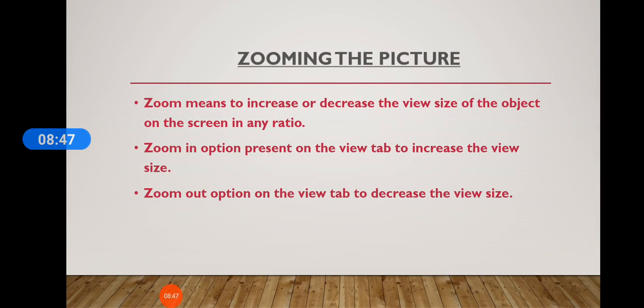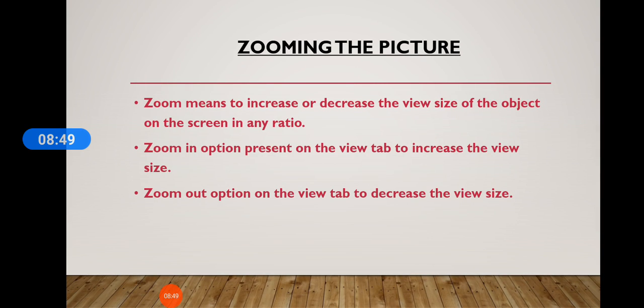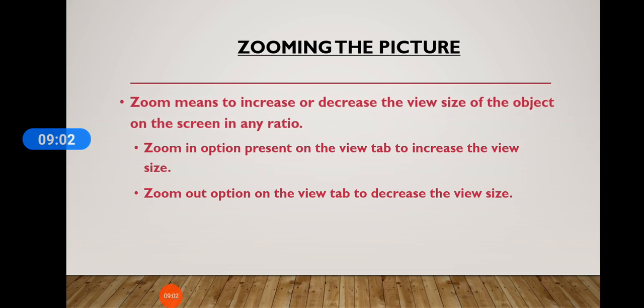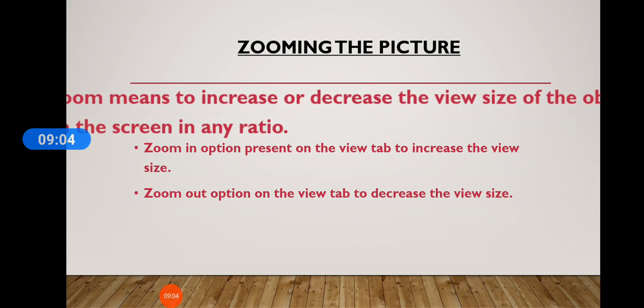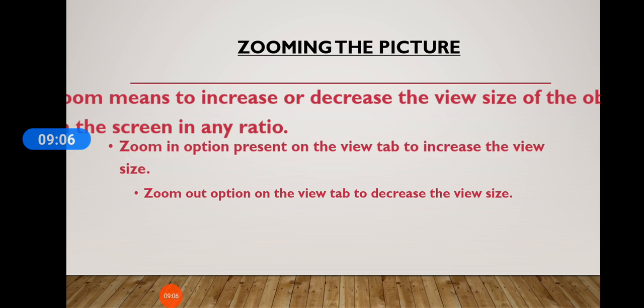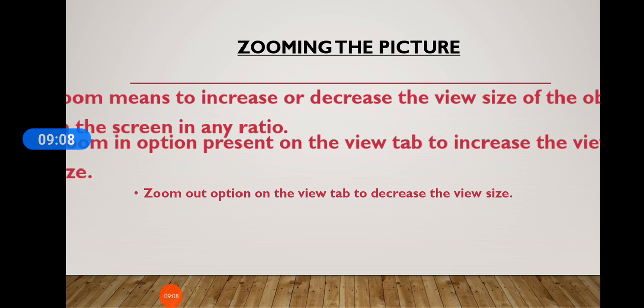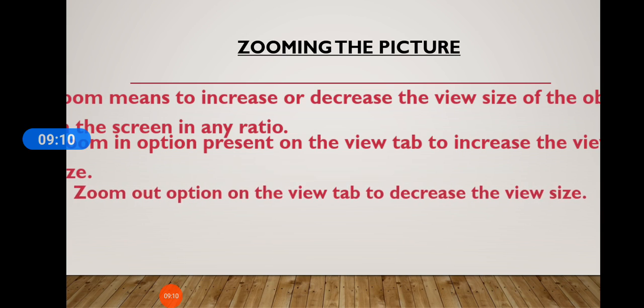Next topic is zooming the picture. Zooming means to increase or decrease the view size of the object on the screen in any ratio. Children, there are two types of zoom options. First one is zoom in and second one is zoom out.